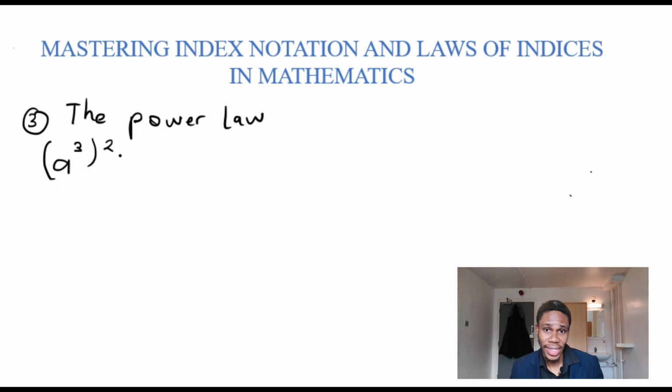Now, since this is showing 2, it means that whatever is in this square bracket repeats itself 2 times. Just as at the beginning, we said if we have a to the power n, what we are saying is that a appears n number of times. We have a whole indice in this bracket appearing this number of times, which is 2 times.